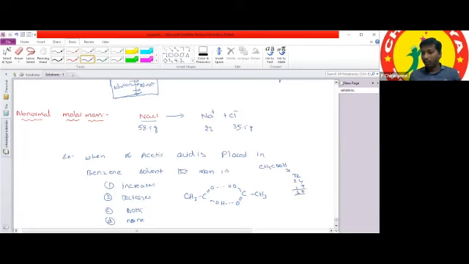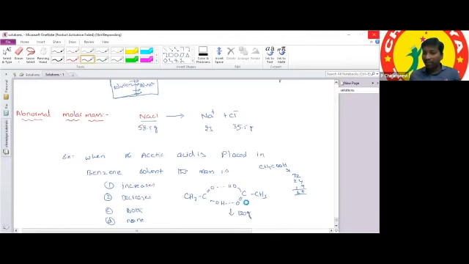Before dimerization, it has 60 grams. Whenever it forms a dimer, the whole mass becomes 120 grams. That means mass is going to increase or decrease when you place it in benzene?